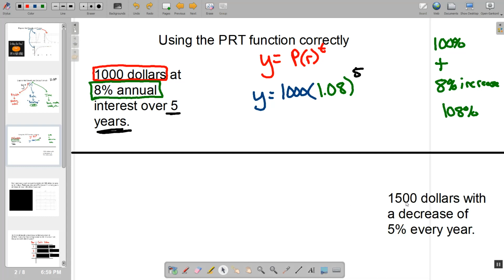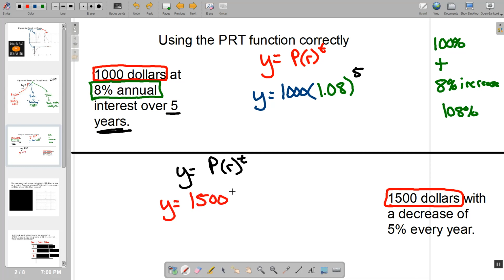Here we have $1,500 with a decrease of 5% every year. Same idea as before. We obviously want to do the P times r raised to the t function, or the PRT function. Our P in this example would be $1,500, which is our starting value.